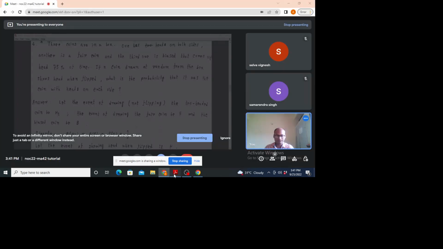Now we have to find the conditional probability. Given the result is head, what is the probability that we have drawn the coin with head on each side?